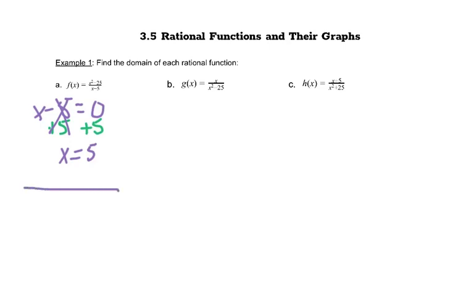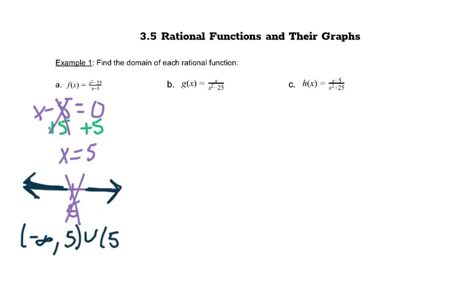And remember that that really means that we have 5 on a number line that we're crossing out because we can't have 0 in the denominator. So our domain is everything to the left and everything to the right. So we have negative infinity to 5, union 5 to infinity.